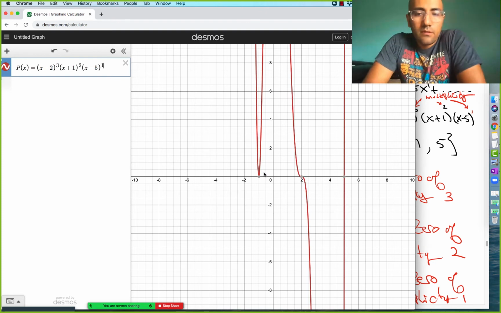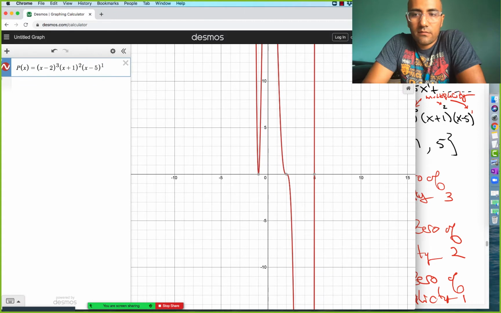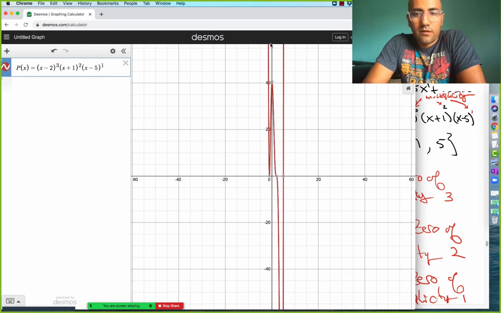Okay, so here's what the graph looks like. Zoom out a little bit. Comes down, goes up, comes back down, does this thing.